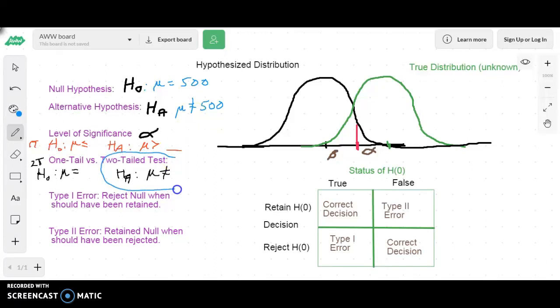Circle this right here. Now on a two-tailed test, that means that we are going to take a look at the normal curve that we have for the population of students' SAT scores.